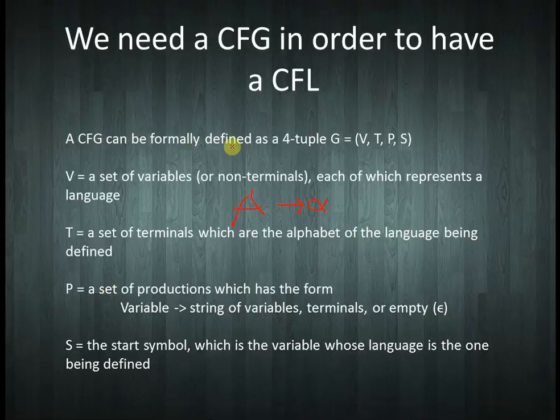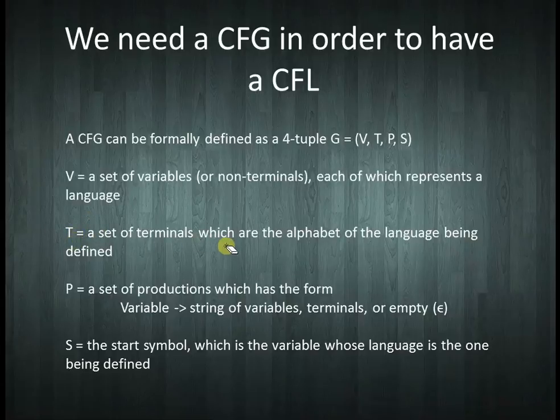A CFG can be formally defined as a 4-tuple G = (V, T, P, S). V is a set of variables or non-terminals, each of which represents a language. Usually V is denoted by capital letters.